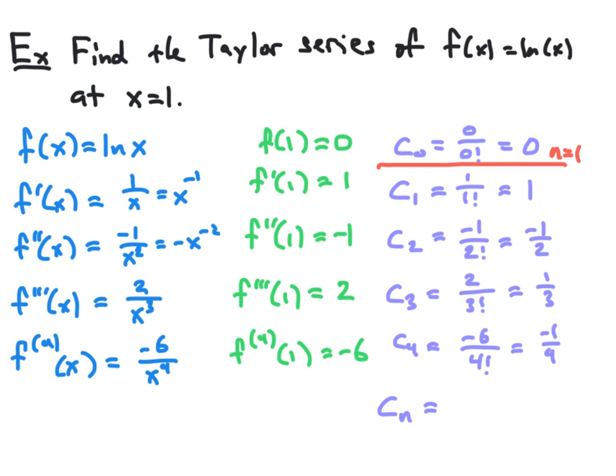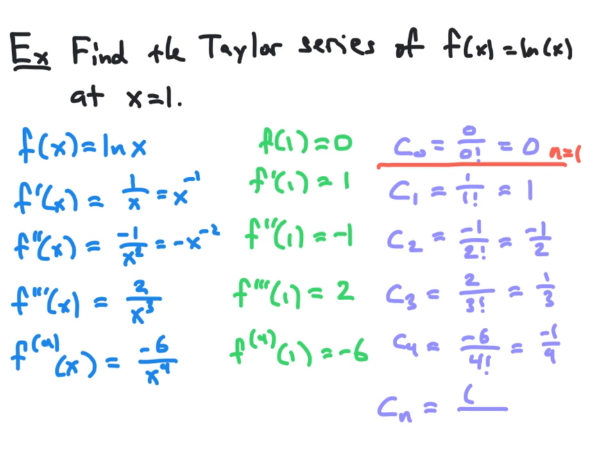From there on out, we see that the coefficient c sub n is going to be a fraction, and the numerator is either going to be positive 1 or negative 1, depending on the value of n. When n is even, we get a negative 1, such as in c2 and c4. And when n is odd, we get a positive 1, and that happens with c1 and c3.